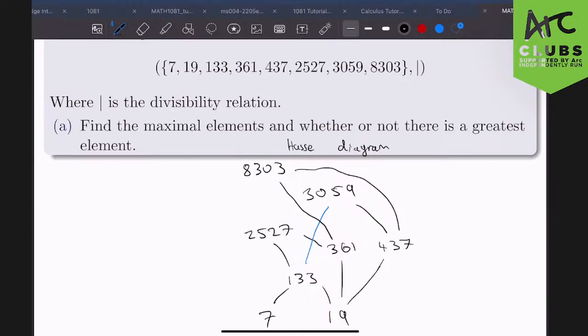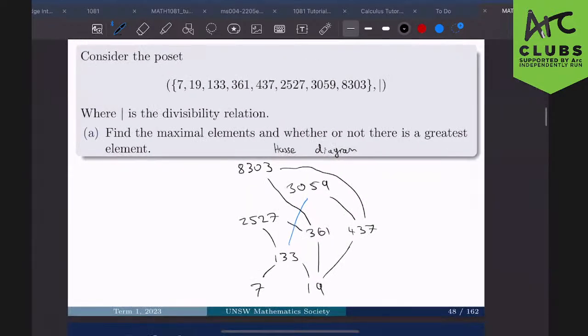Okay, hopefully that's right. It might be wrong, but regardless, what really matters is what we're actually working with.